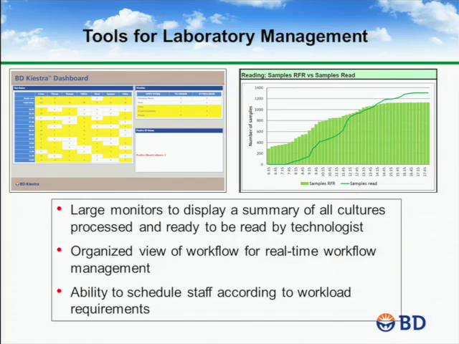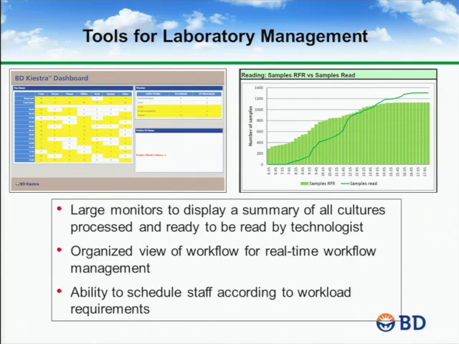This also gives you tools so that you can do a better job managing the laboratory. So you can have large monitors that display a summary of all the cultures that have been processed and read by a technologist. So you can look and say which technologist is efficient, which one is not, and be able to assess that really very objectively. You can organize the workflow for real-time workflow management.